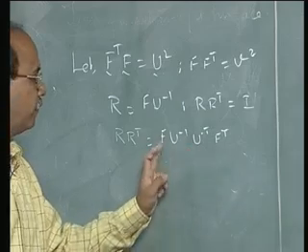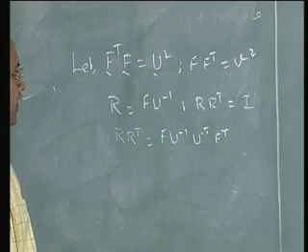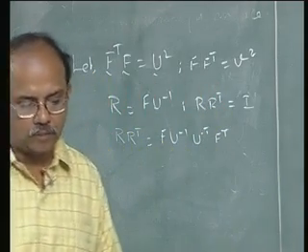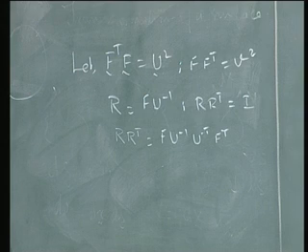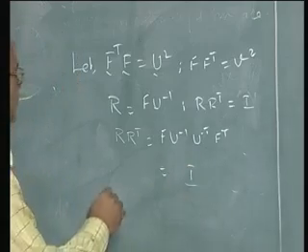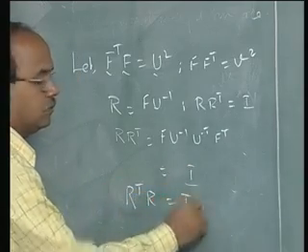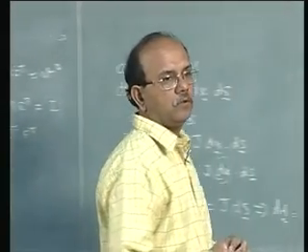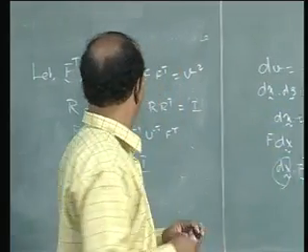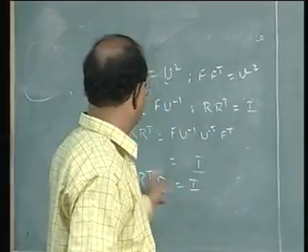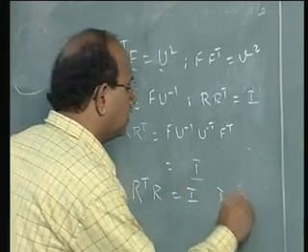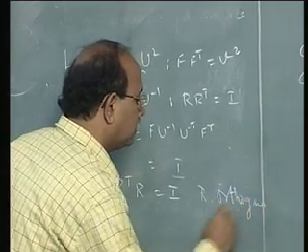Then R transpose R is U inverse F transpose F U inverse, which is U inverse U squared U inverse, according to our definition, which becomes equal to I. In the same way you can show that R R transpose is equal to I. So when I define R like this, R becomes an orthogonal tensor.